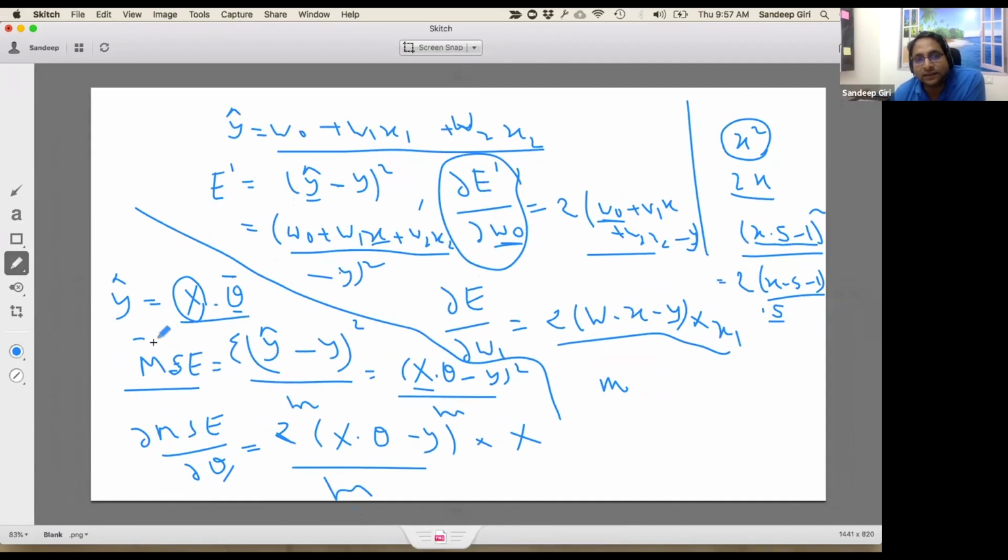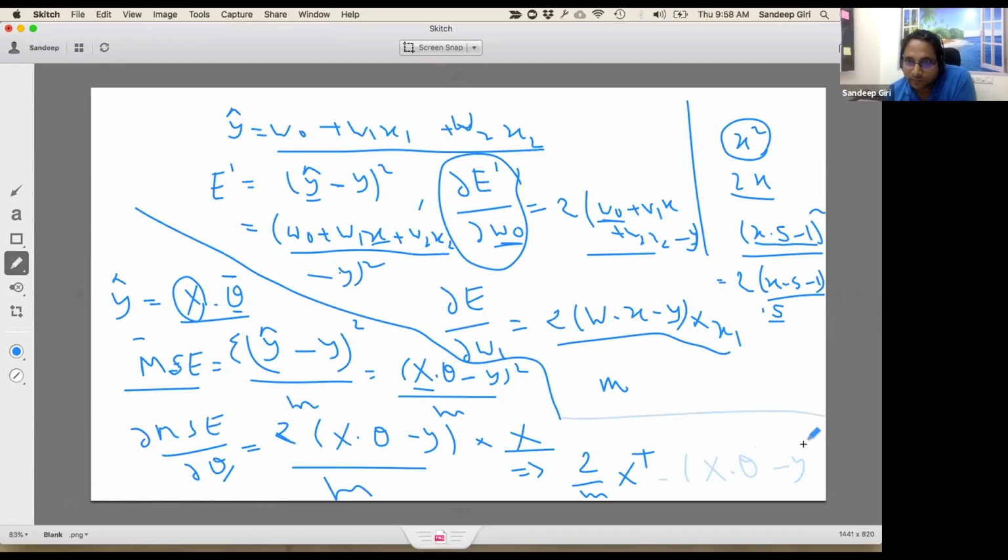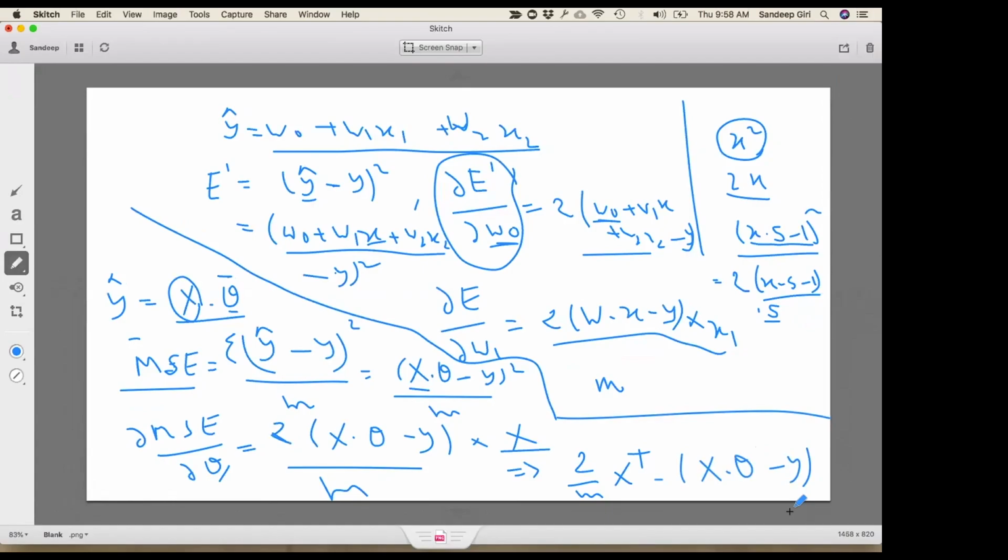Now, since all of these values are in matrices and arrays, the same expression is slightly different when we do it using a matrix. It'll become twice of m, and this x will be x transpose. Like we made it vertical rather than horizontal, because of matrix multiplication; we just rotated it.